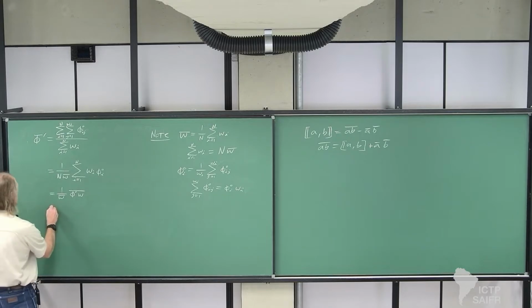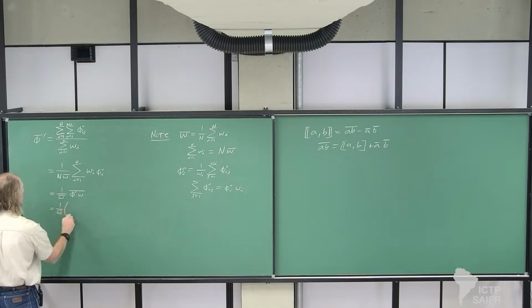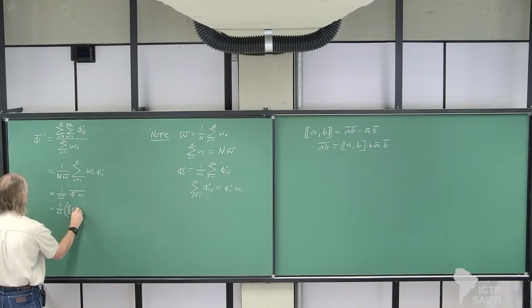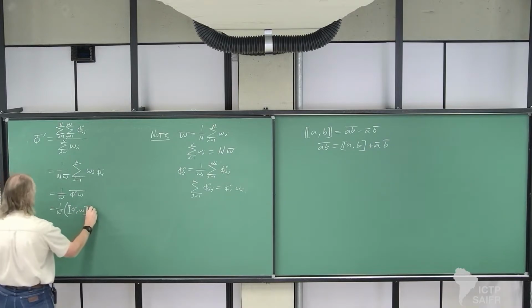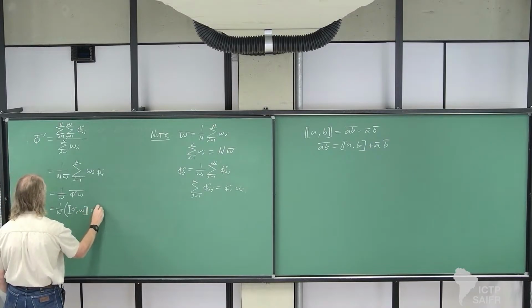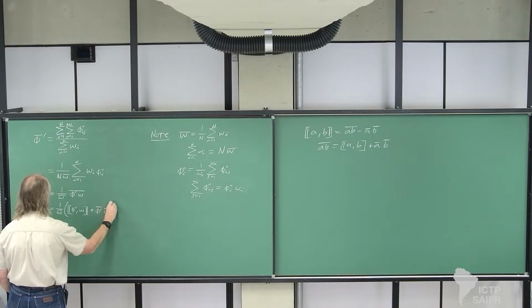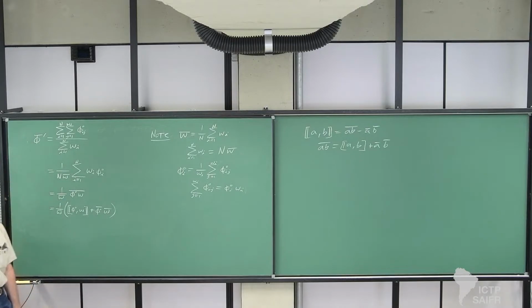So this is equal to 1 over W bar times the covariance of offspring phenotype with fitness plus offspring phenotype bar times fitness bar, right?